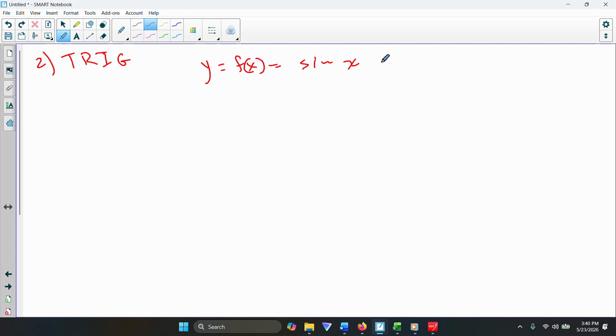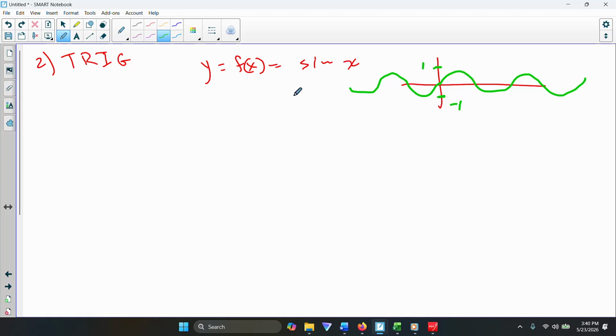It doesn't really matter for the purposes of this little recap. The sine function looks like a wave. That's a kind of bad picture, and it goes like this. There's my sine. The highest it can be is +1. The lowest it can be is -1.